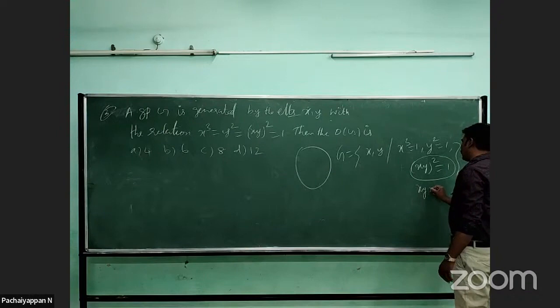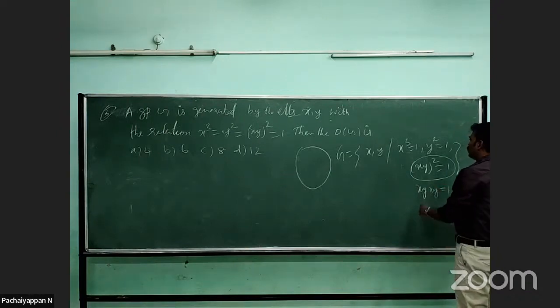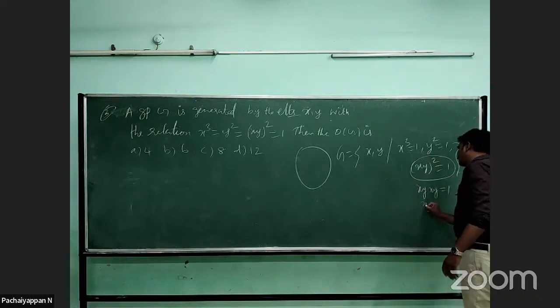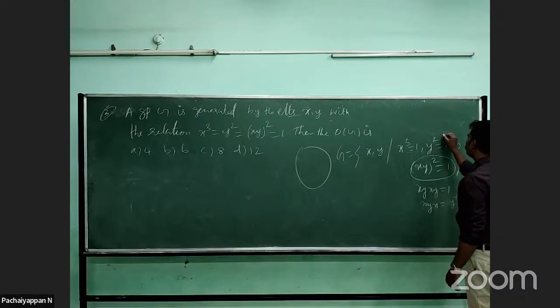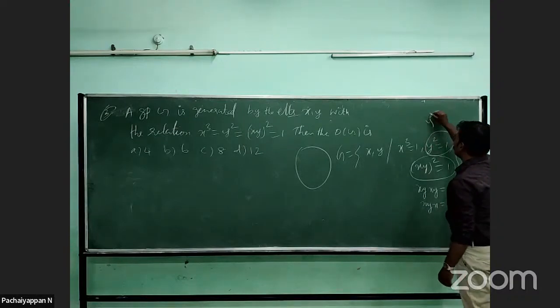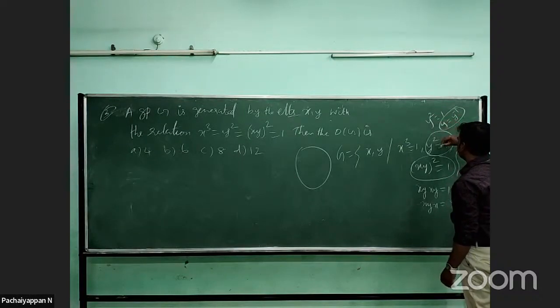So when we know these things, (XY) whole square equal to 1, that is XYXY equal to 1. You can also rewrite it as XY equal to Y inverse X inverse. From Y square equal to 1 we conclude Y equal to Y inverse, right? It's an element of order 2.